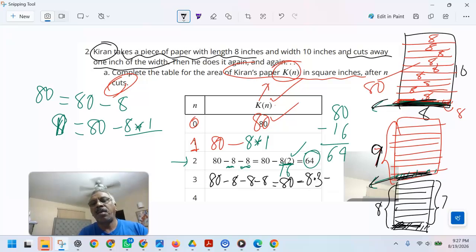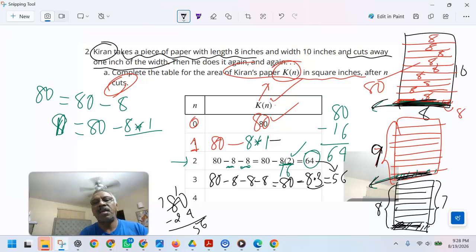If you work this out, that will be 80 minus 24, because this is 24, and 80 minus 24 gives 56. Otherwise, from 64, you take away 8, it becomes 56, right?